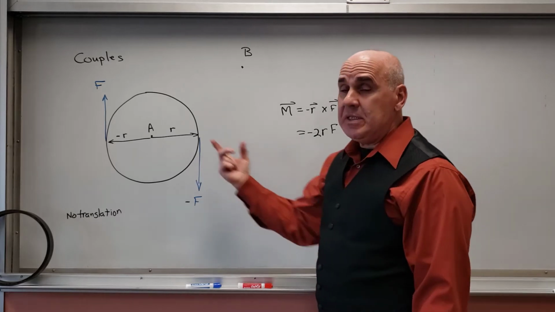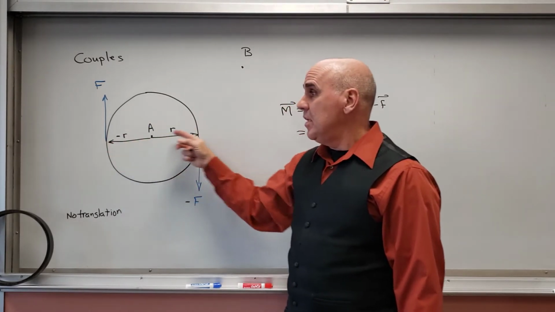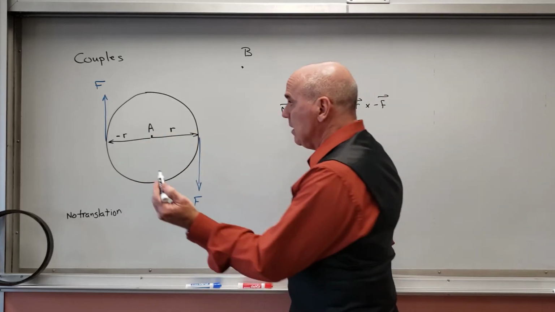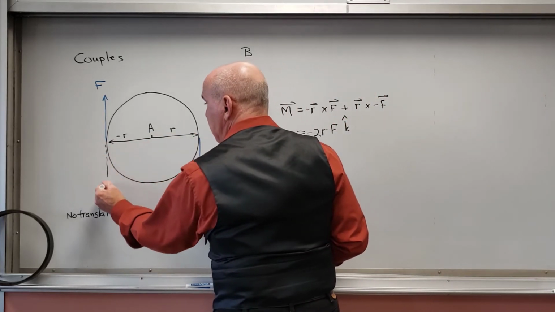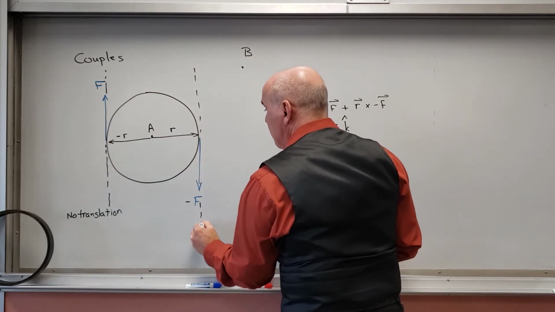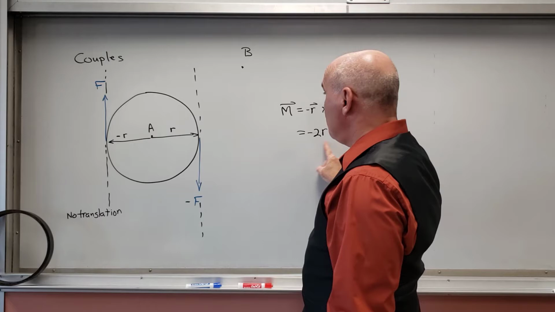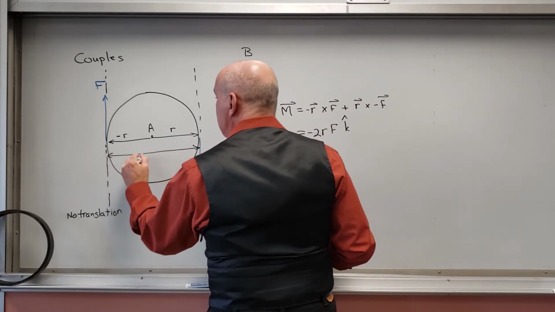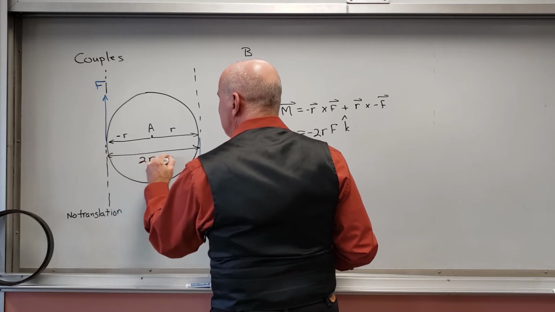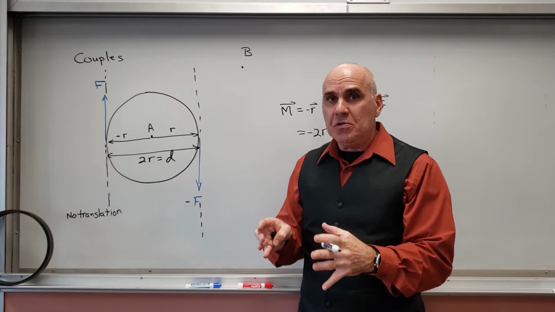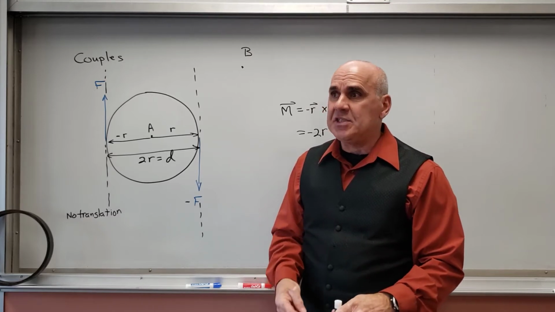All right, so it would be the diameter, if you will, the perpendicular distance between these two forces. Or, let me talk about this. I can talk about the line of action for this force and the line of action for this force. And what is that? 2r, right? This distance from here to here is 2r, and we'll just call that d. That's the shortest distance between those two parallel lines of action, right?